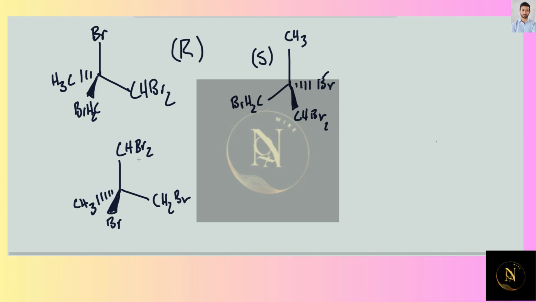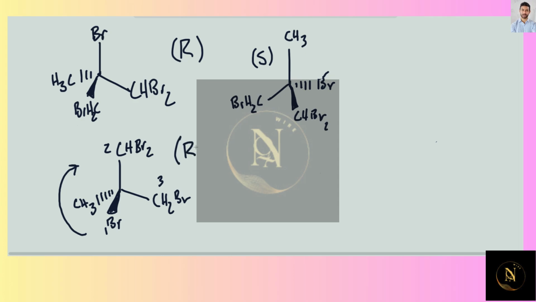Okay, now once again, as we had in the first case, we've got our lowest priority group in the back. That's methyl, which means we can just number them straight up and count counterclockwise or clockwise. So I see the Br is the highest. Next is the carbon with 2 bromines. And finally, we've got the carbon with 1 bromine. And this looks like clockwise.